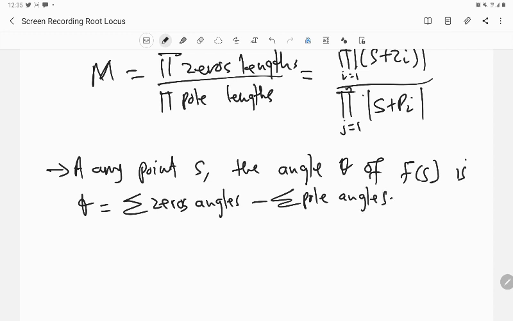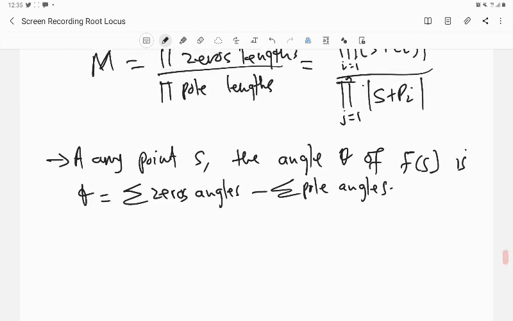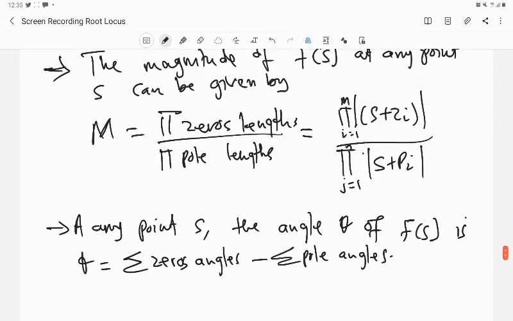So you sum all the zero angles, and then you subtract the summation of all the pole angles, and that is coming directly from the complex number concept that we have up here.